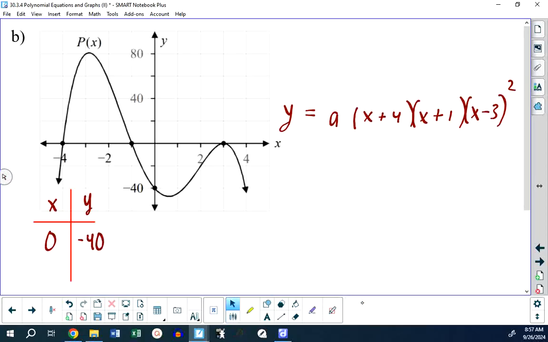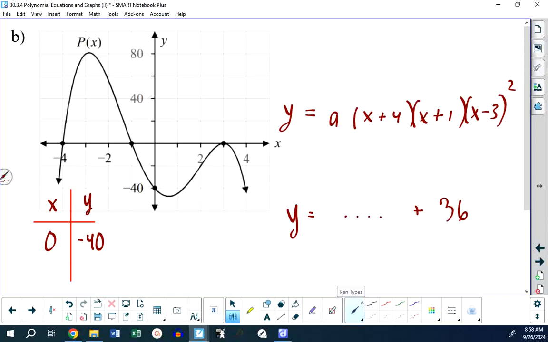I want to explain to you what I touched on in the last example, which is that it's not always obvious what you multiply by to get the right y-intercept. Do you agree that if you expand this out, and there's no need to write this down, if you expand this out without the a, your constant term is going to be 36.